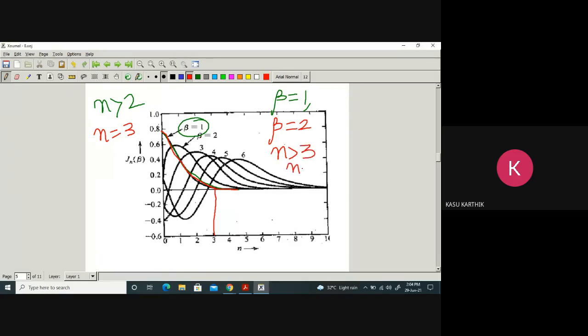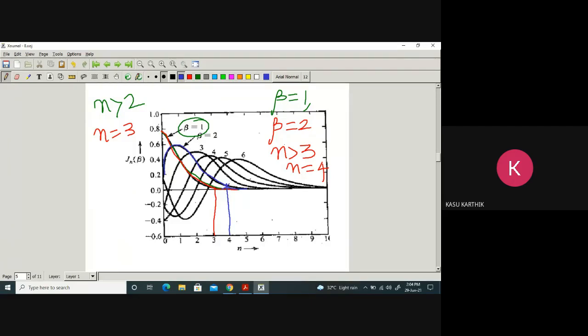Suppose n equal to 4. When β equal to 2, let us take this graph. When n equal to 4, what is J_n(β)? This is also almost 0.